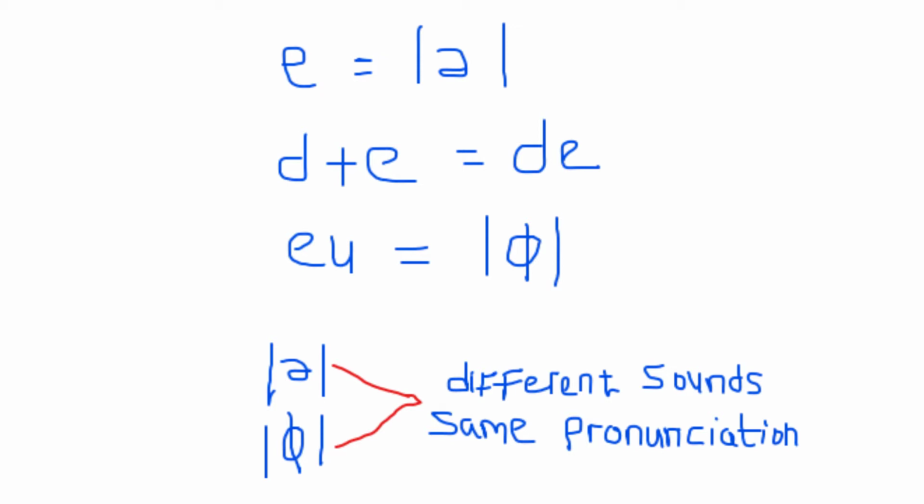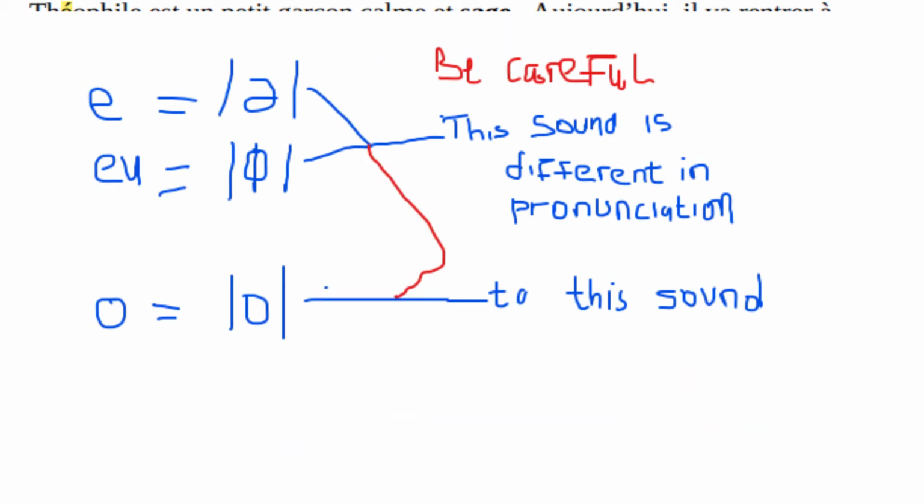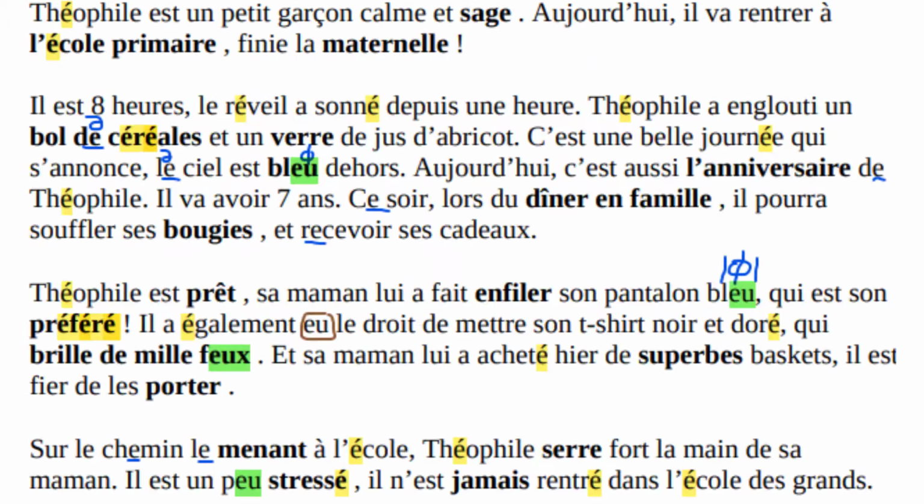The difference is only in the transcription, but we are taking note of the sound here. Just note that the sound is similar, so it gives the sound E. And note there is a difference between the sound E and O. It's two different sounds.